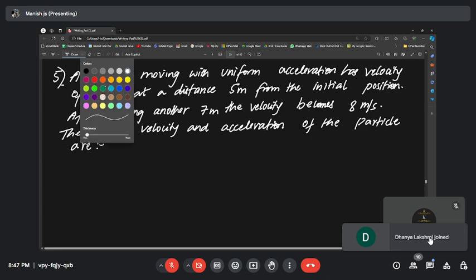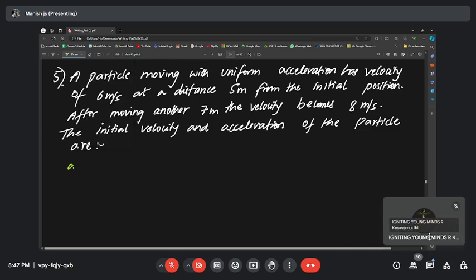so here you have the options. Option A, 2 meters per second and 4 meters per second squared. Option B, 4 meters per second and 2 meters per second squared.